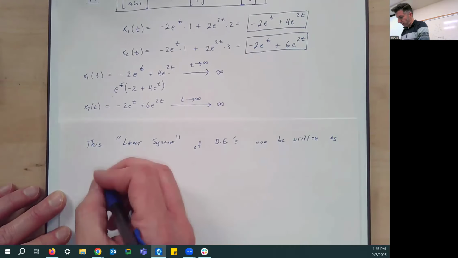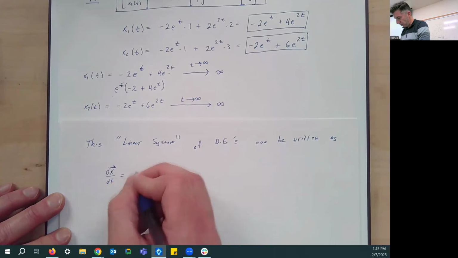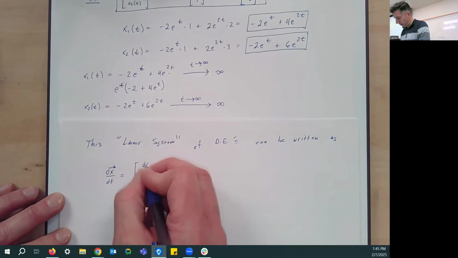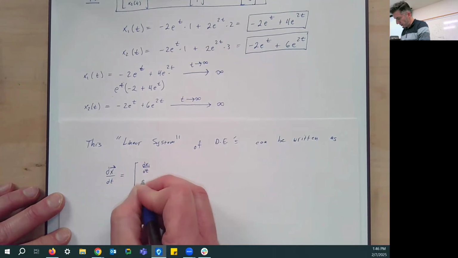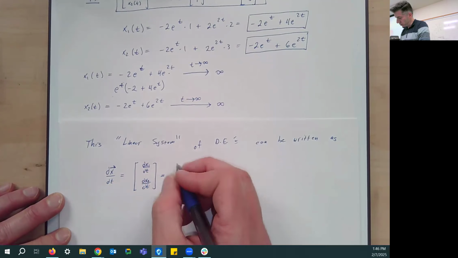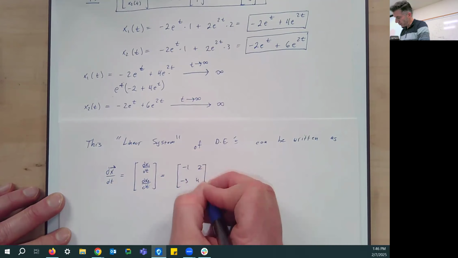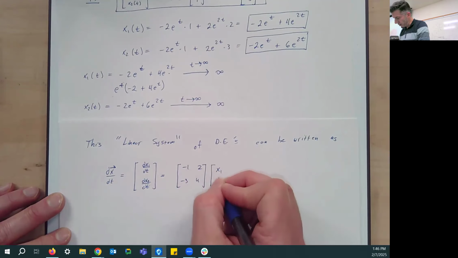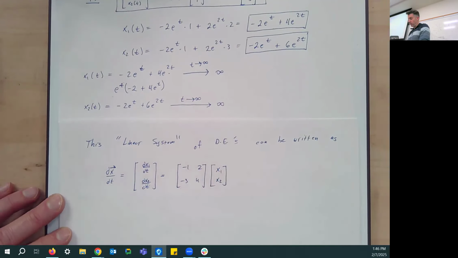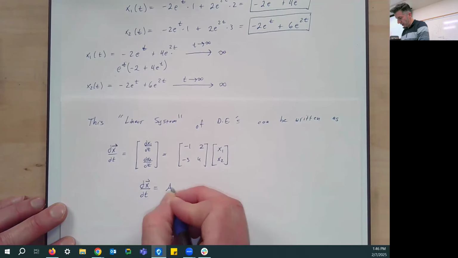The longer way of writing it is dx/dt, with an arrow to indicate that it's a vector, which is the derivative of x1 as the first component and the derivative of x2 as the second component, equal to the matrix [-1, 2; -3, 4] times [x1, x2]. But really, the shorter way of writing this is just that the derivative of x is equal to A times x.